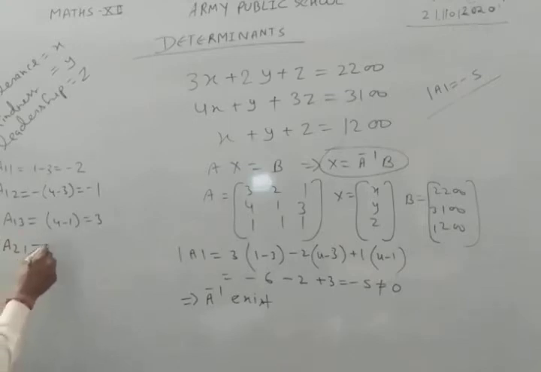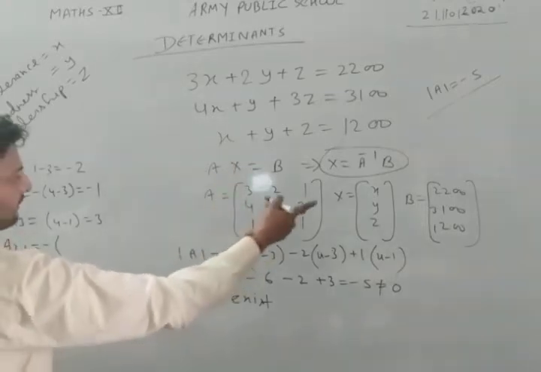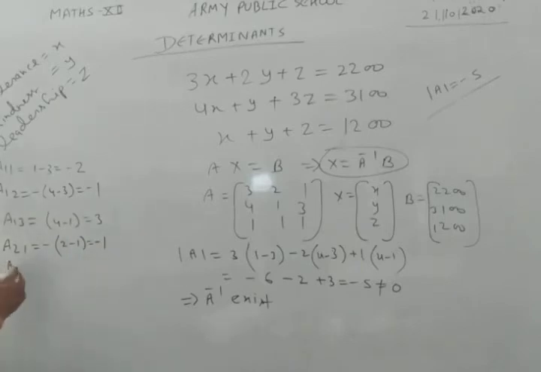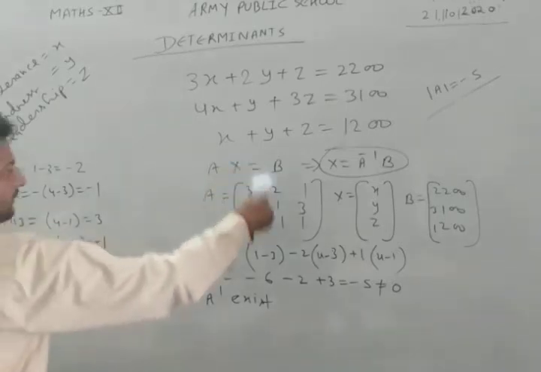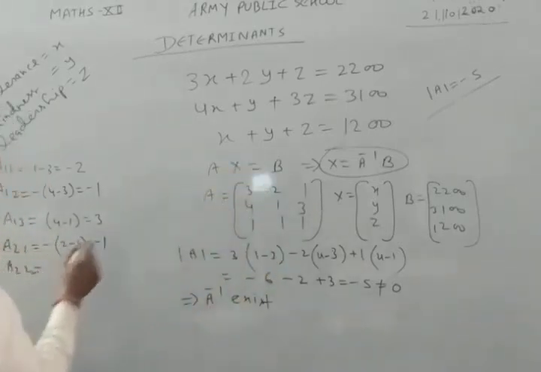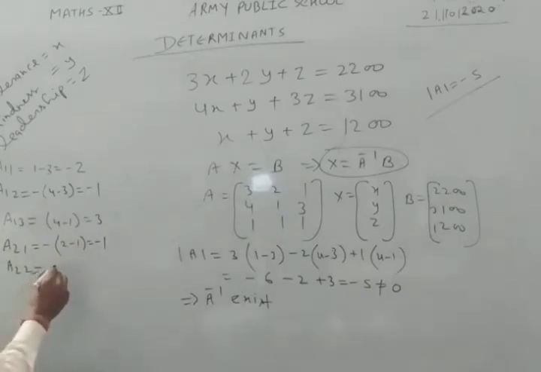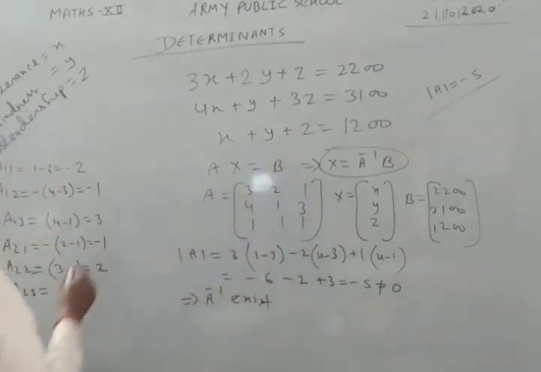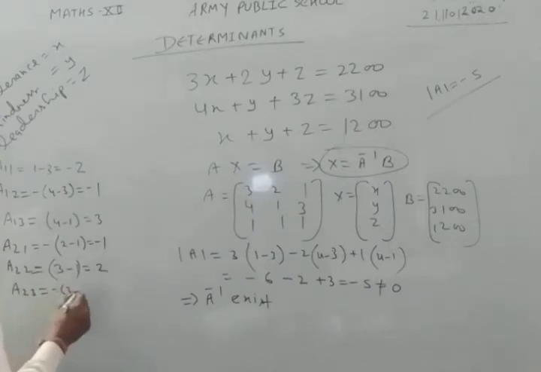A21 is, cancelling, 2 minus 1, this is minus 1. A22, cancelling, 1 minus 3 minus 1, this is 2. And A23 is, cancelling, 3 minus 2, this is minus 1.